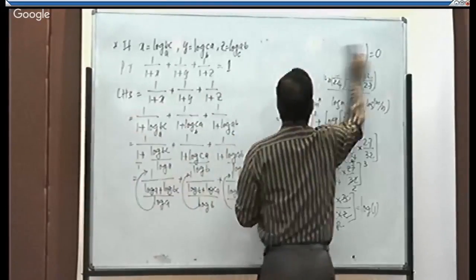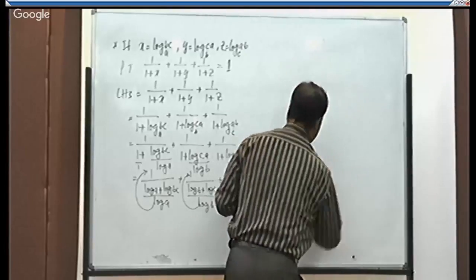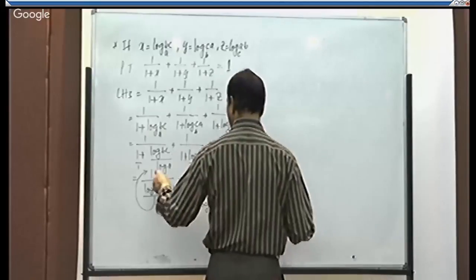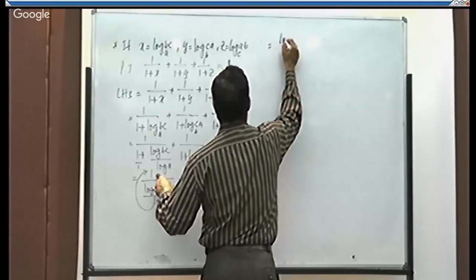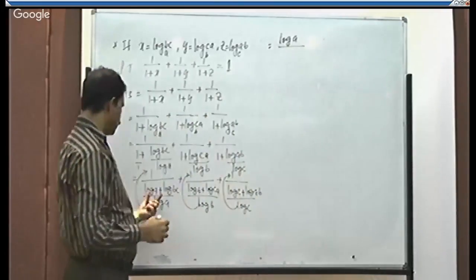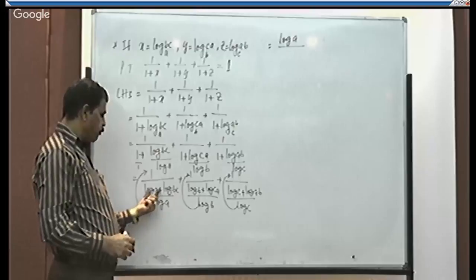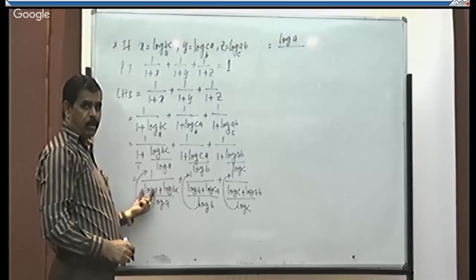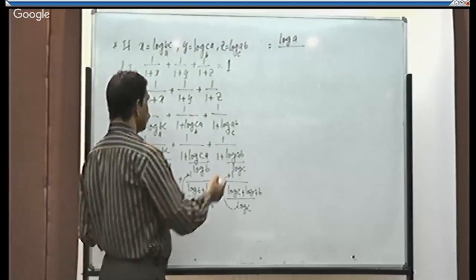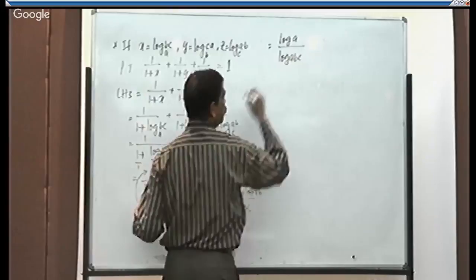Then it becomes log A divided by, observe this, log A plus log of BC, log M plus log N. Log M plus log N is equal to what? Log MN. Therefore, it becomes log of ABC.